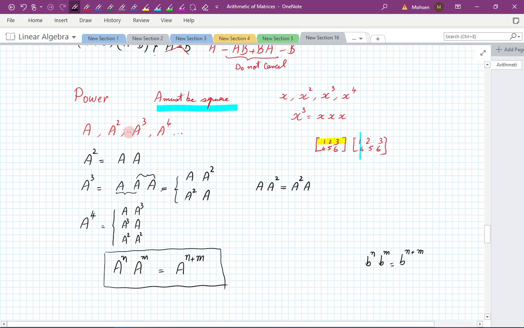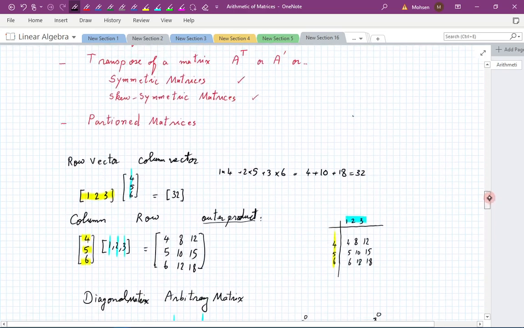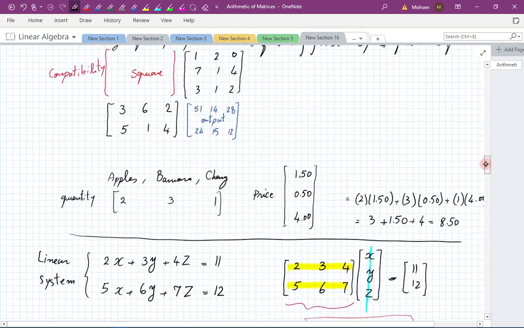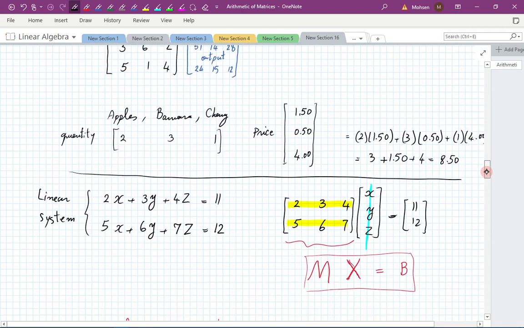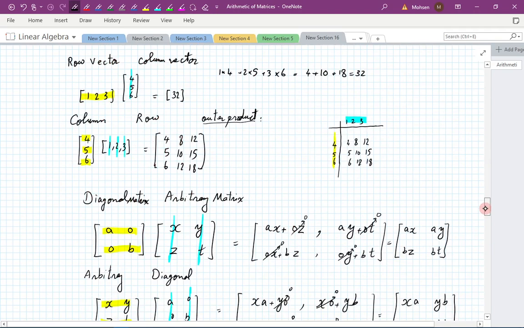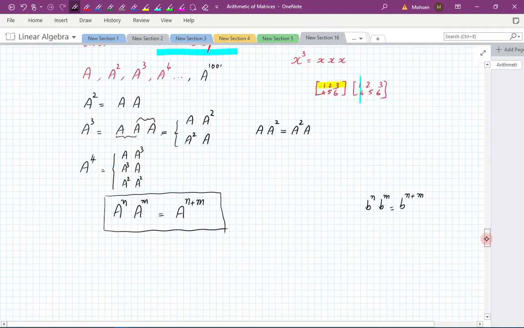So is this really a practical thing, or just something nice to look at? Practical meaning, if I had to find the 100th power of a matrix, am I going to be doing this type of matrix multiplication that we have been doing all along? Can somebody actually sit down and do this 100 times?